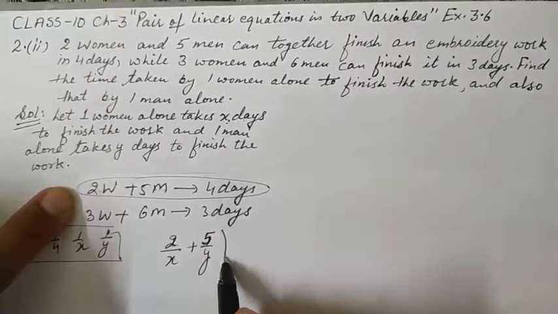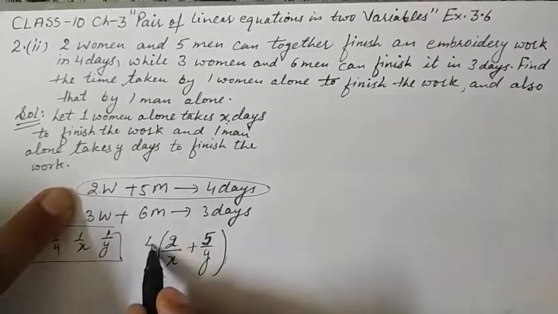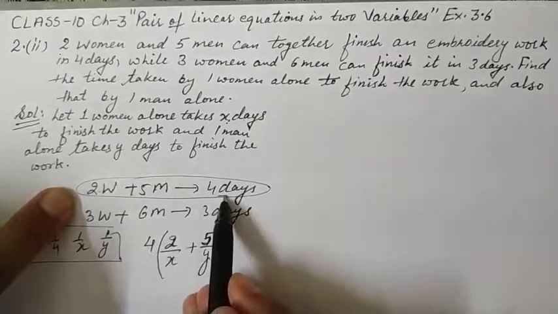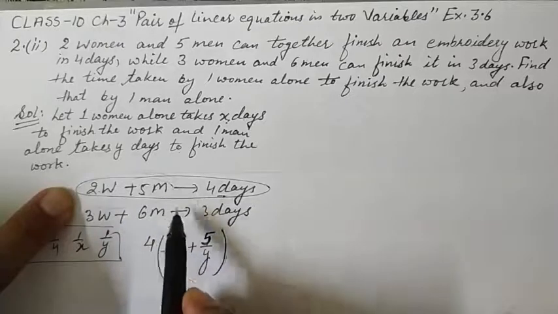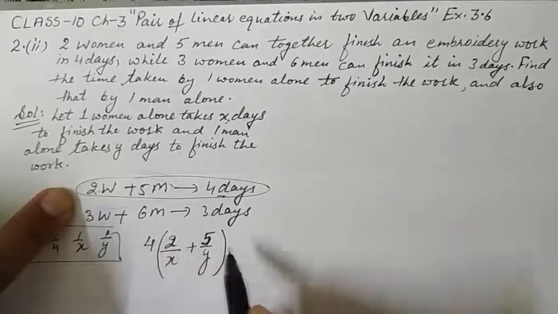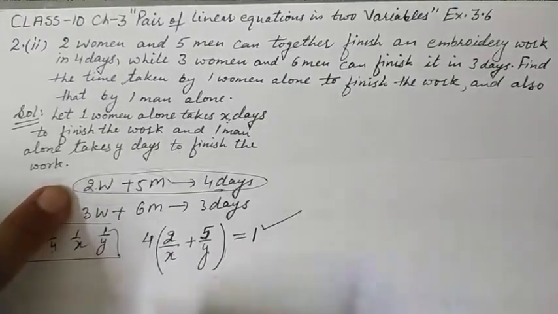And if I want to find out 2 women's and 5 men's 4 days work, then we'll multiply with 4. They are completing one full work in 4 days. So 2 women's and 5 men's 4 days work is one work completed. This way we will find the first equation.